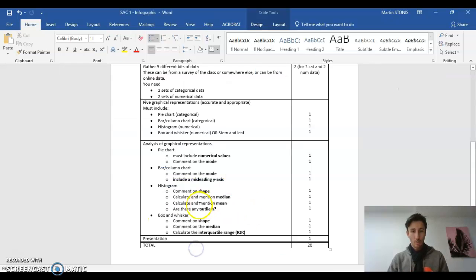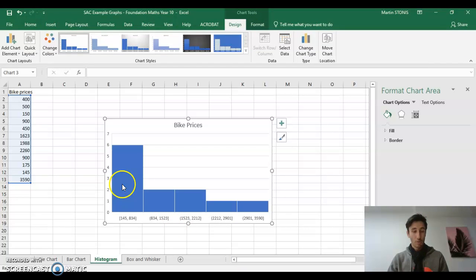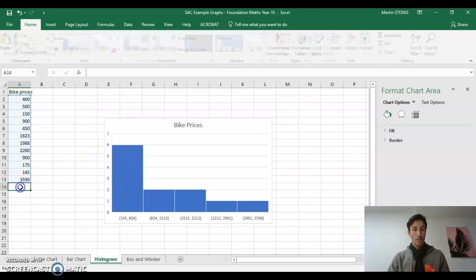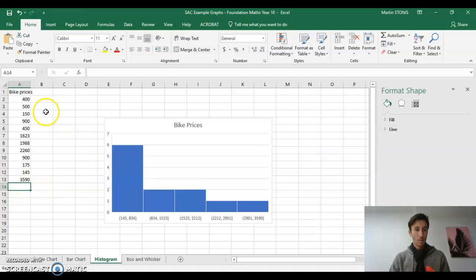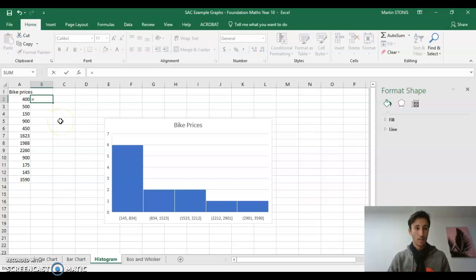Next thing we need to do is calculate and mention the median, calculate and mention the mean. Now, I'm going to show you a trick in Excel, which makes this really easy. Underneath your numbers, or next to the numbers, as long as it's a box that doesn't include the numbers, you want to write equals. This tells Excel that you're about to write a formula.